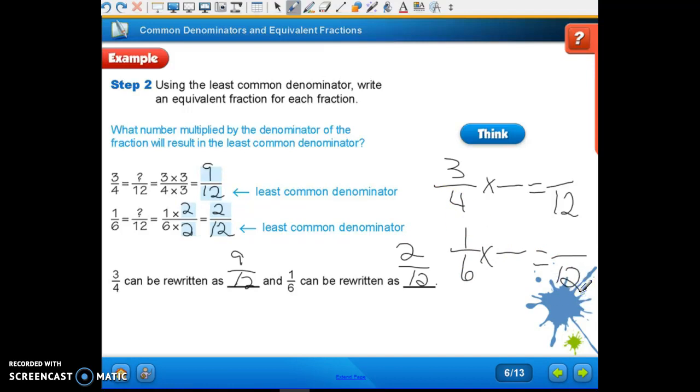And then I can say 4 times what is 12? 3. And I can say 6 times what is 12? And that would be 2. And 1 times 2 is 2. So I ended up with 9/12 and 2/12.